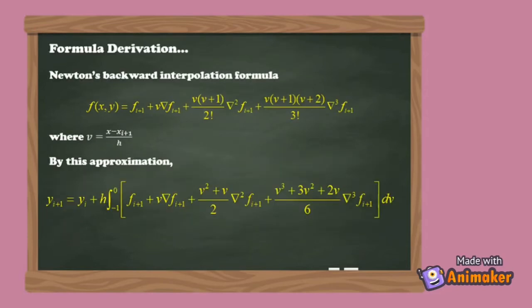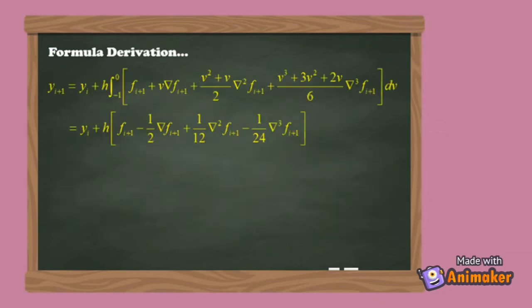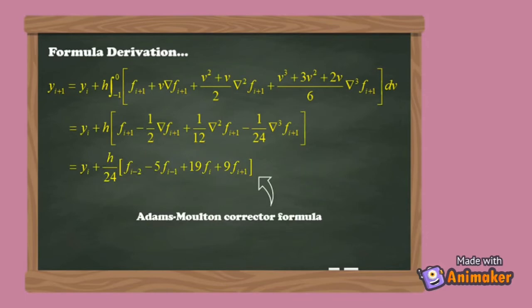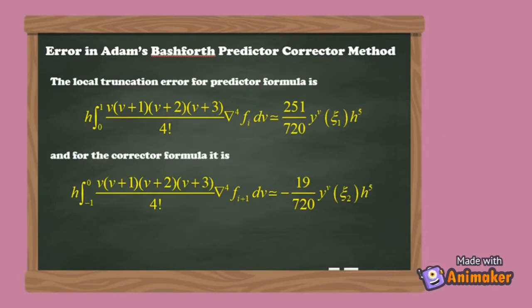Then, by this approximation, we substitute it into the integration with range of v from -1 to 0. After solving this integration, we get this equation, and this is known as the Adams-Moulton corrector formula. Then, this is the local truncation error for the predictor and corrector formulas.